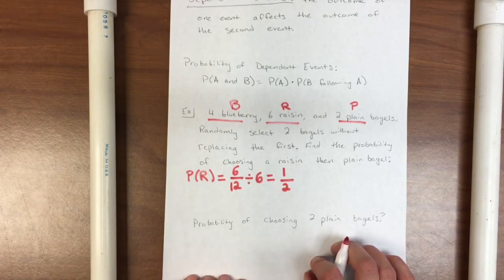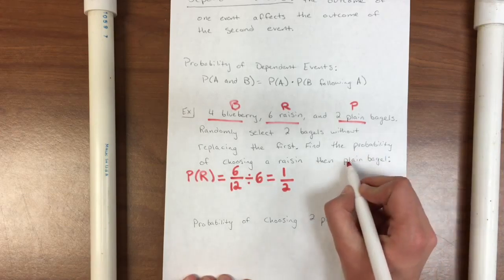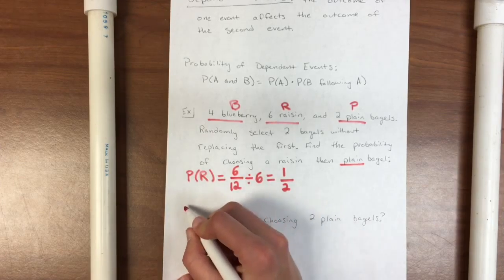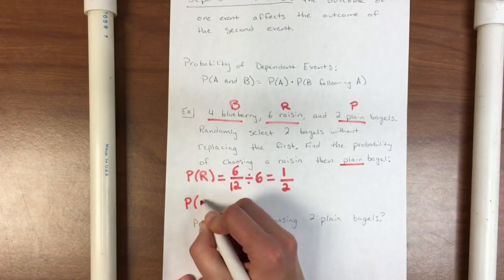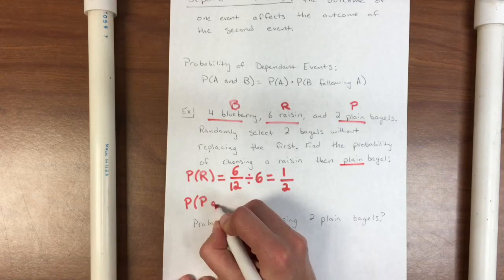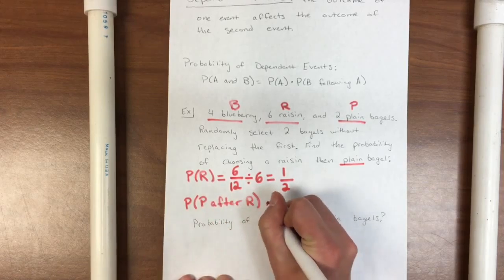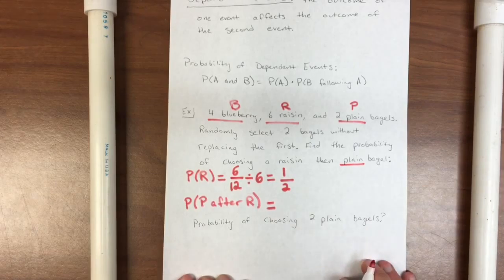So we have our first event out of the way. Now, what is our second event going to be? Choosing a plain bagel after choosing a raisin bagel. So we need to find the probability of plain after raisin. We already chose raisin, so we took that one away and we didn't put it back.